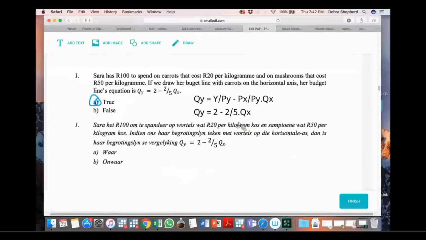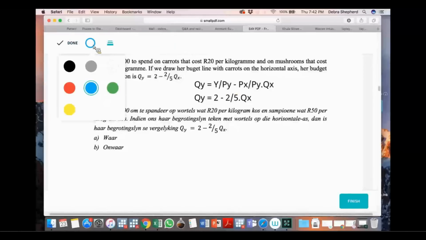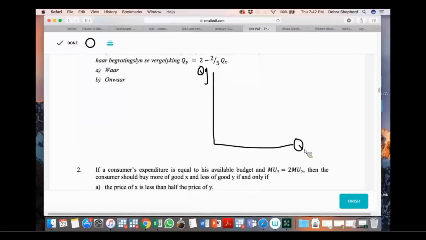The other way you can answer this question without having to know this equation off by heart is you can draw it. So the budget line is drawn with the quantity of y on the y-axis, and we have the quantity of x on the x-axis. And then the budget line we know is going to be some straight line. And the important part is getting the intercept on the y-axis and the intercept on the x-axis.